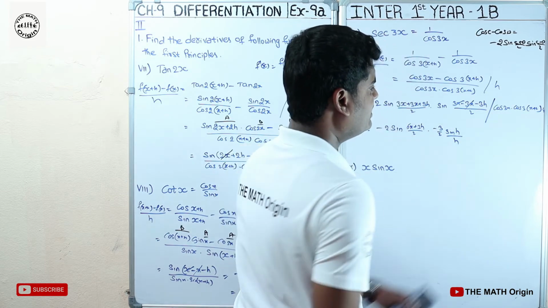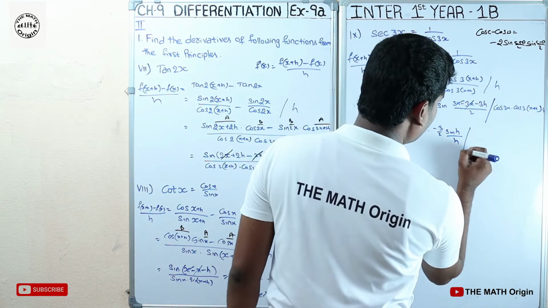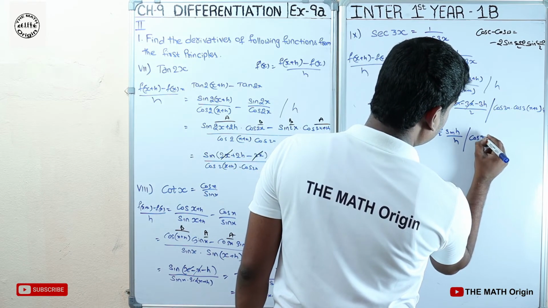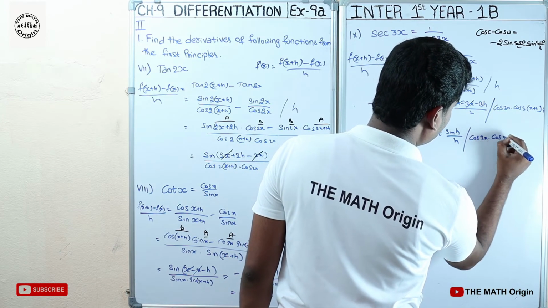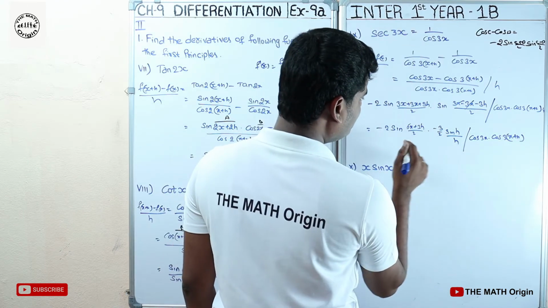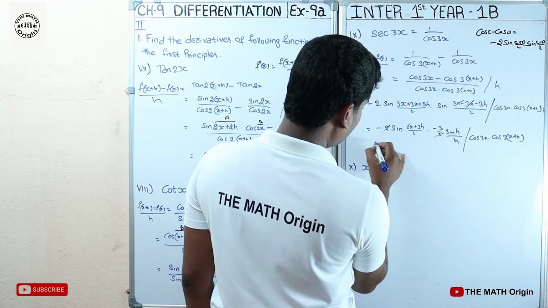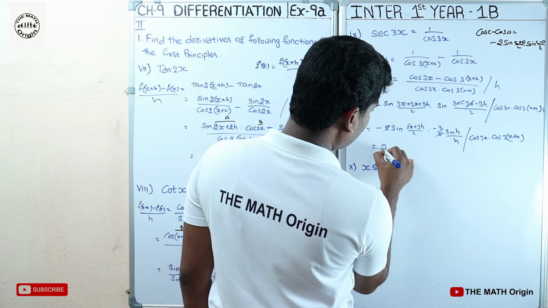I will make this h in for the sin h, and the whole divided by cos 3x into cos 3 into (x plus h). So sin h by h is 1.